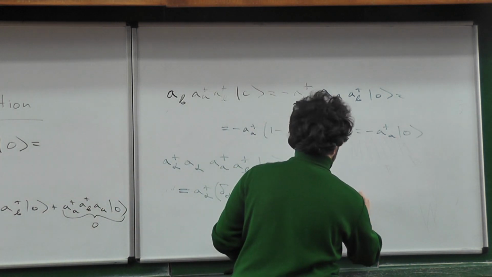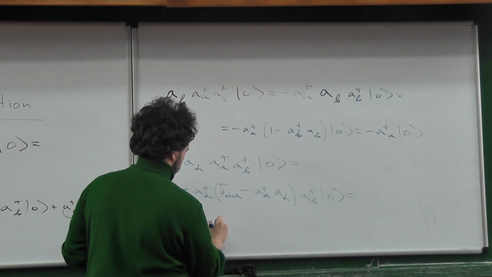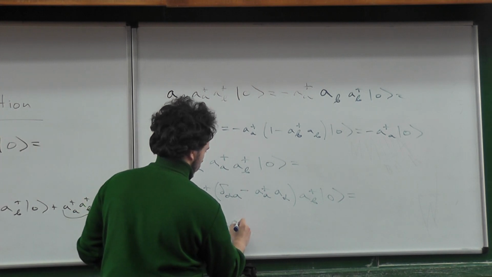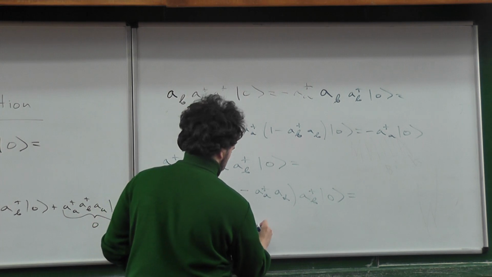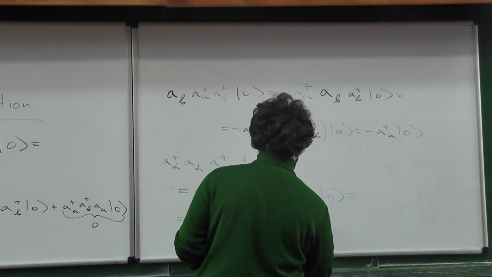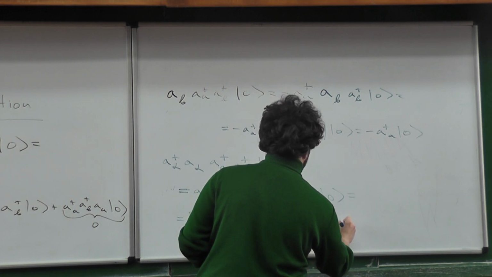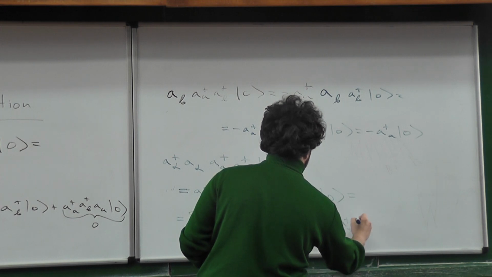So here I get delta alpha A, A dagger alpha A dagger beta 0, minus A dagger alpha A dagger A alpha A dagger beta 0.